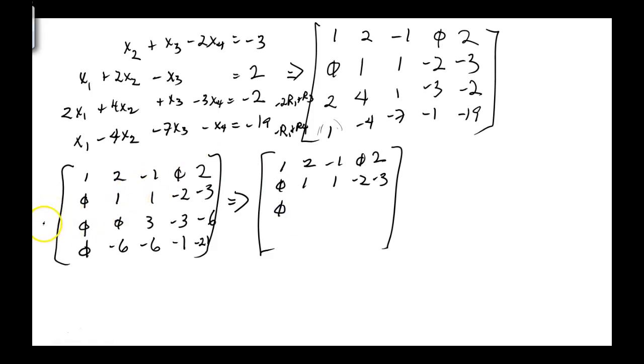So I'm going to do row 3 divided by 3. So it'll be 0, 0, 1, minus 1, minus 2. Now we'll do the operation on row 4. Using row 2, how do we get this to be a 0?